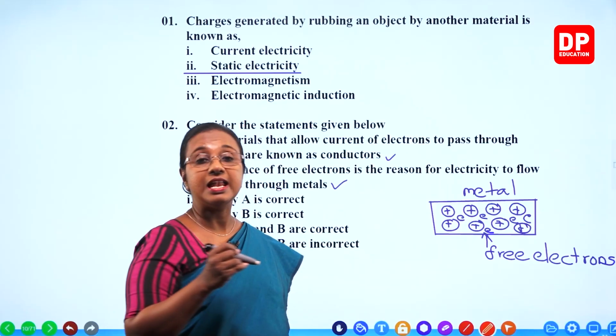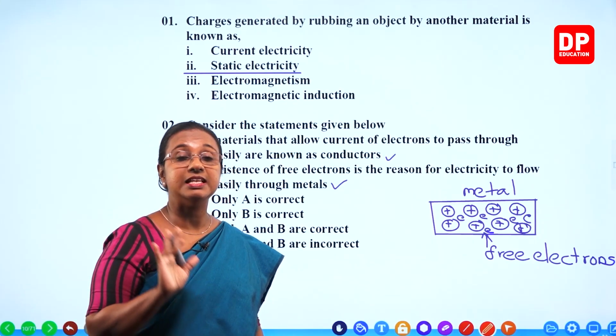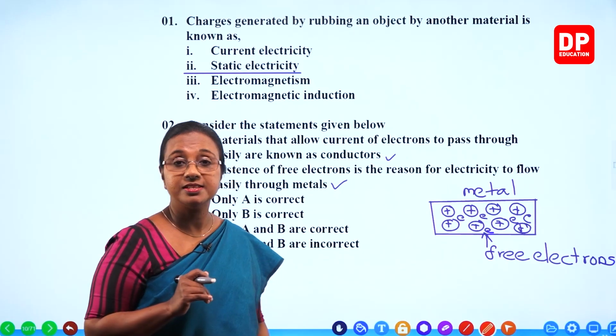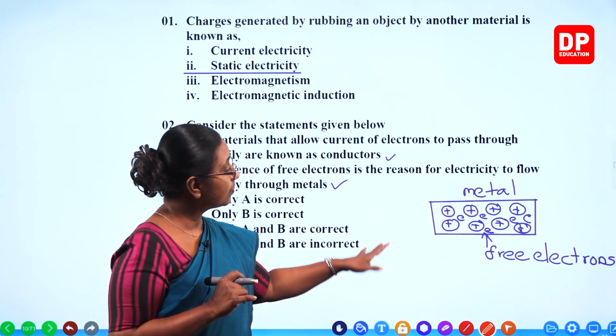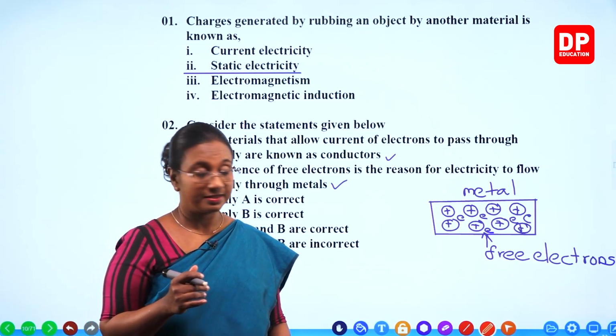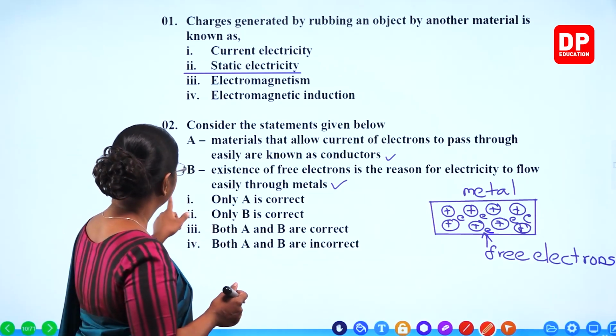So these free electrons can move very easily. They can flow easily when a potential difference is supplied across this metal. So that is why metals are very good conductors of electricity. So both the statements are correct.